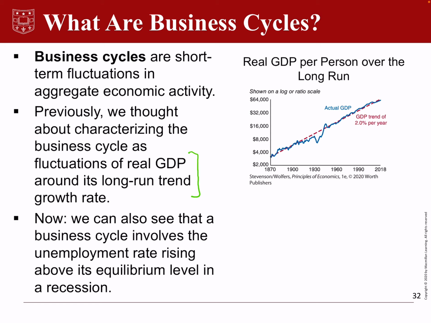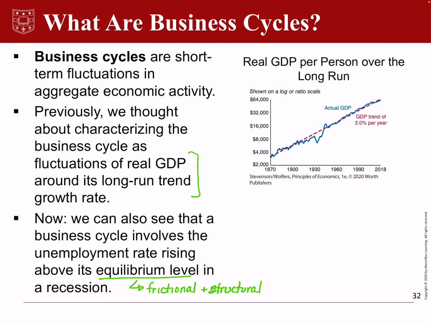But what we can also see now, because we talked about this in the context of cyclical unemployment, is that the business cycle involves the unemployment rate rising above its equilibrium level in a recession. So again, this notion of the equilibrium level is the idea that we're adding frictional and structural unemployment because we have those all the time.